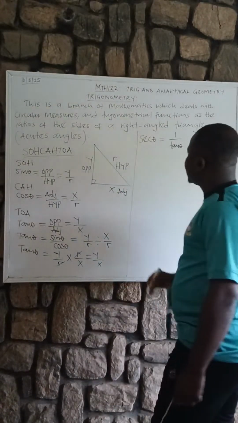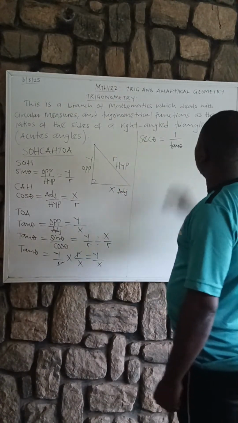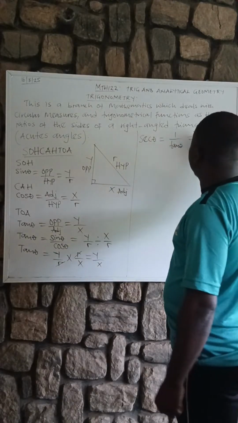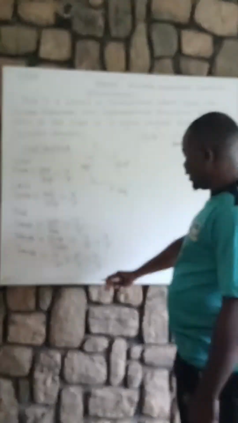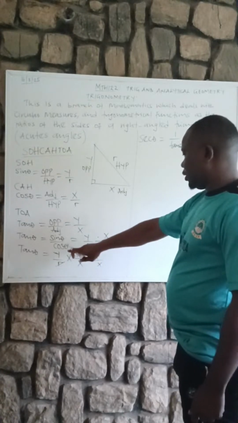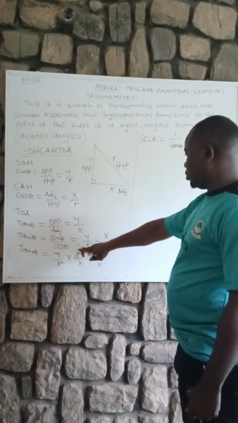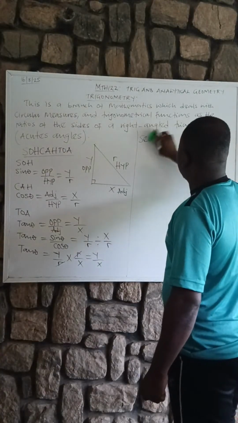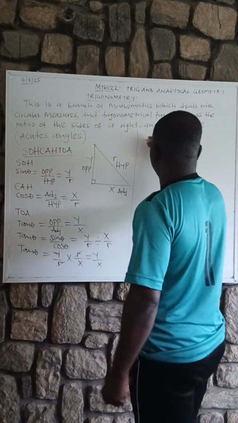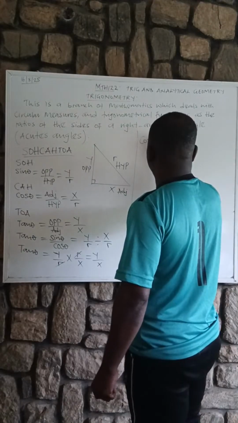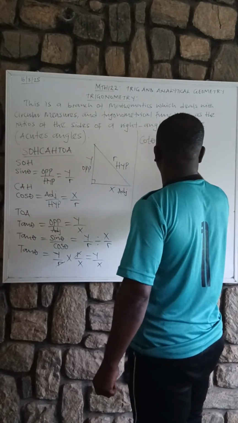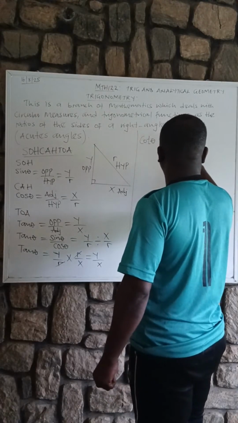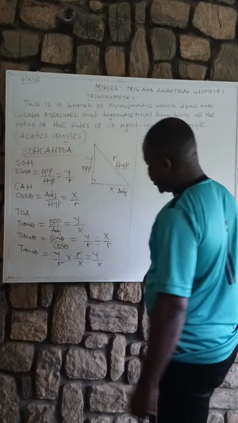True or false? So if it is like this, it means 1 all over cot. Cot theta is equal to 1 all over tan theta.